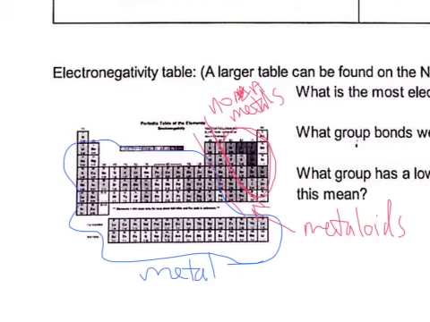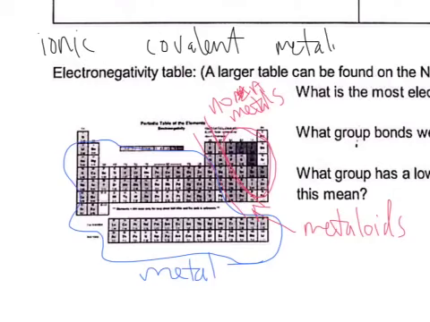So the majority of elements in our universe are metals. On the next page we're getting into the difference between ionic, covalent, and metallic bonds. I mention them here because I can point at a periodic table. Ionic bonds tend to be between a metal and a nonmetal, and the ones that we will mostly talk about are between these and these over here.